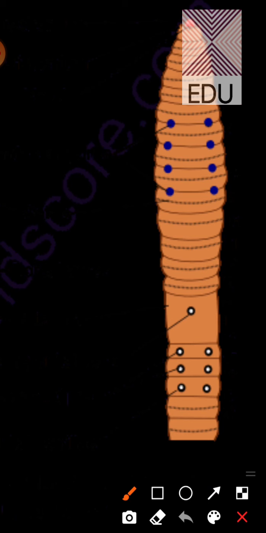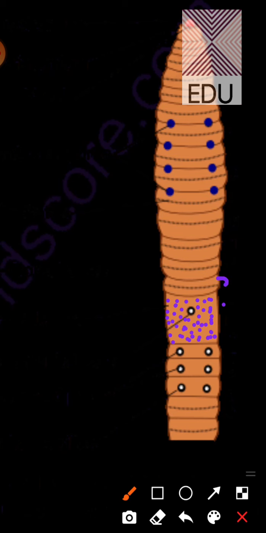When I was discussing the body wall of earthworm, I discussed that the clitellar part has special cells which are called the egg case forming cells or ootheca forming cells. Suppose these are the ootheca forming cells present on the clitellum of this earthworm, and these cells will form an ootheca layer over the clitellum.